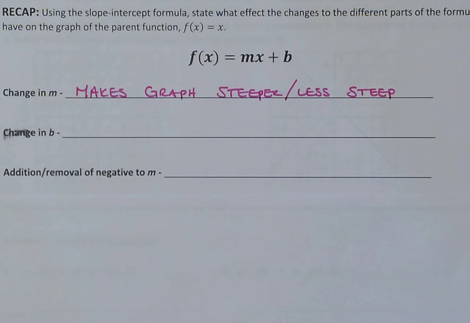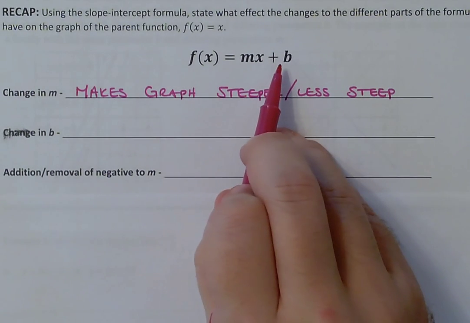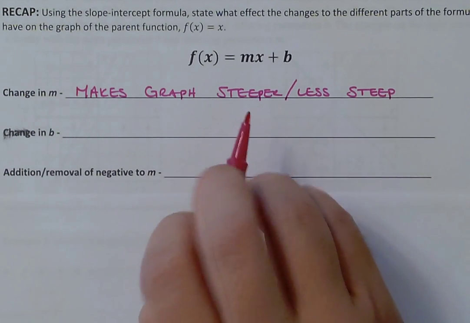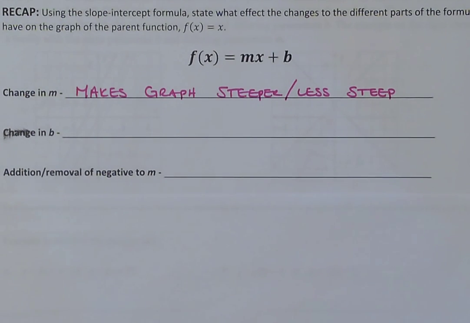And then when we take a look at what happens when we change the value of b, this plus or minus number at the end, it's going to shift the graph up or shift the graph down.